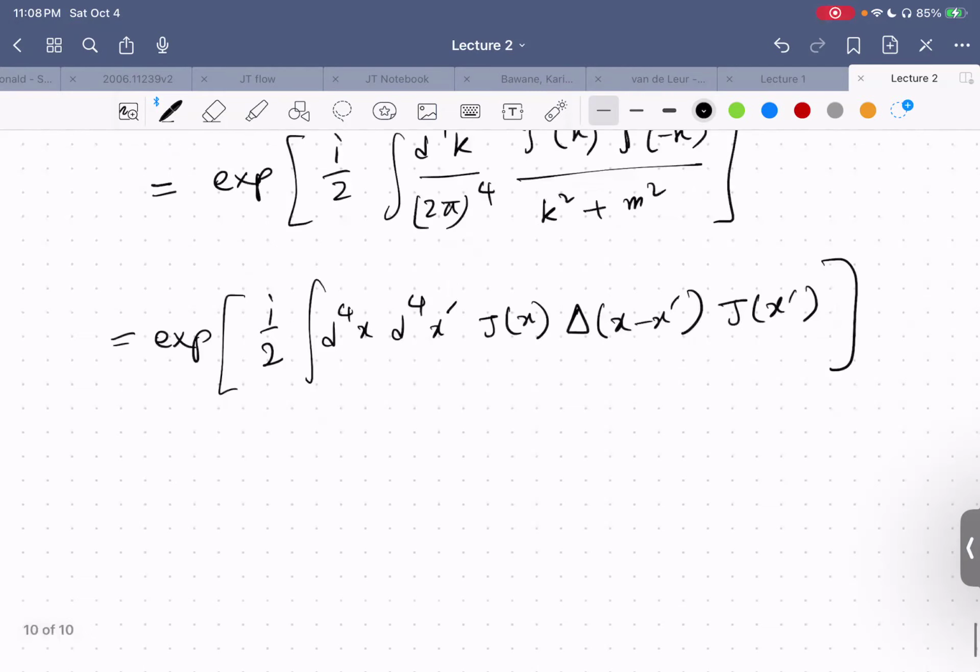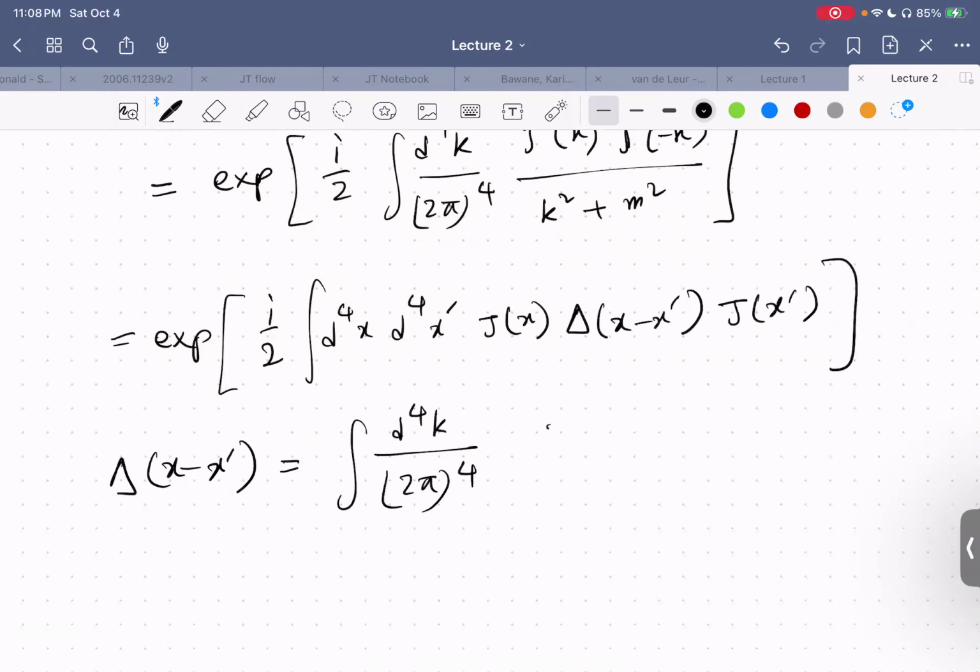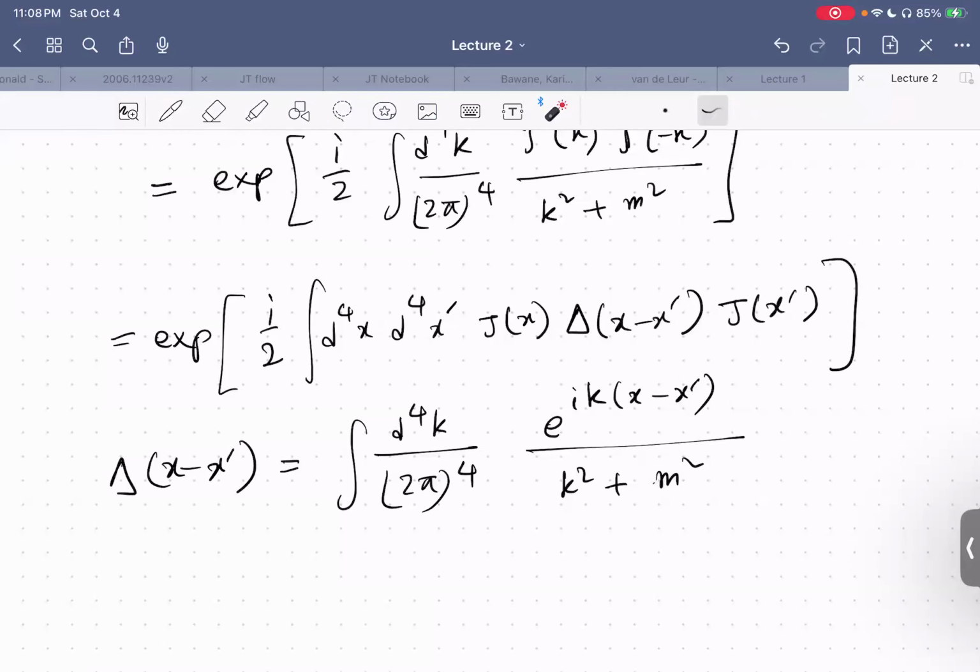Okay, and this delta is nothing but the Fourier transform of 1 over k squared plus m squared.